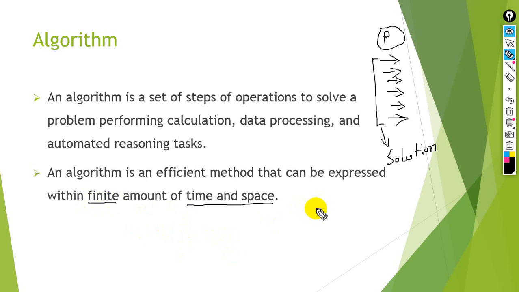For example, if we create an algorithm here, we write: while x is less than or equal to 0, x is equal to 1, and here for example we write x plus plus.